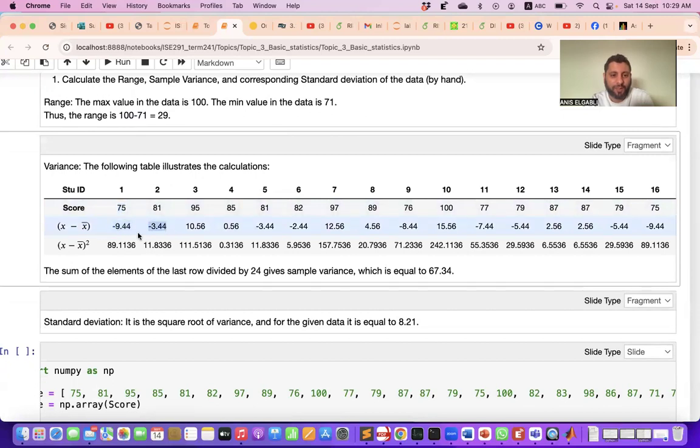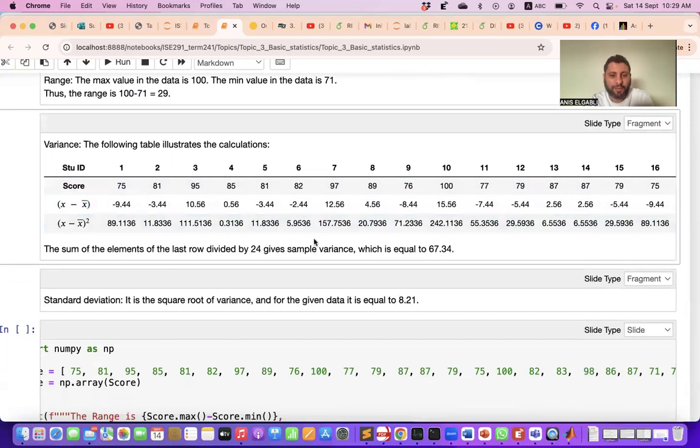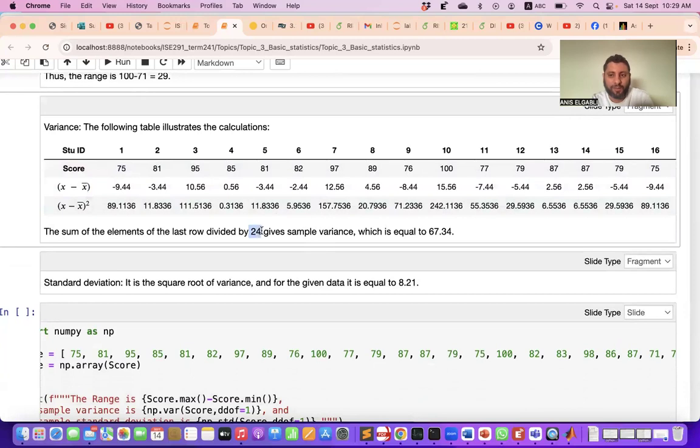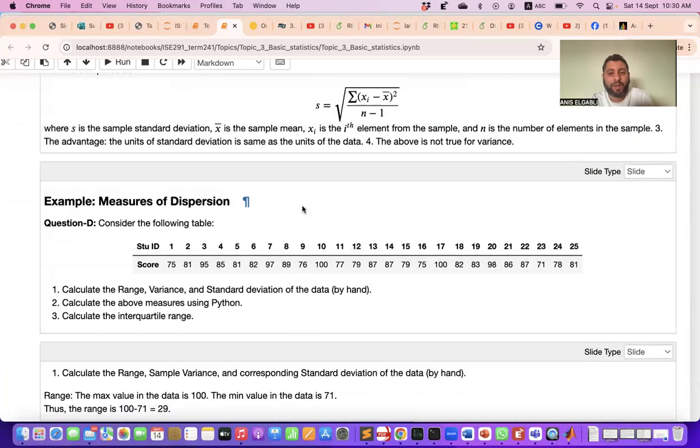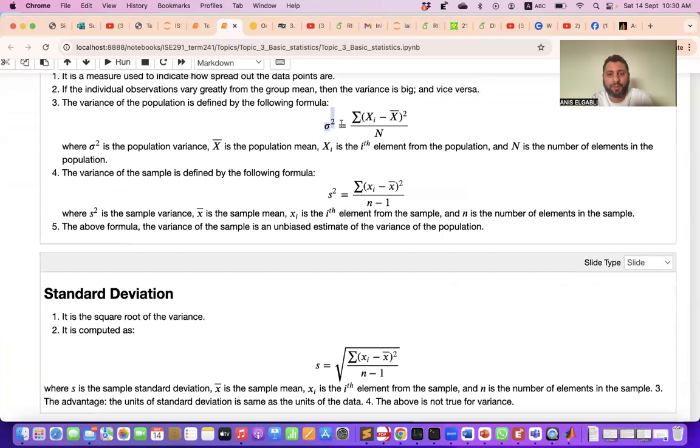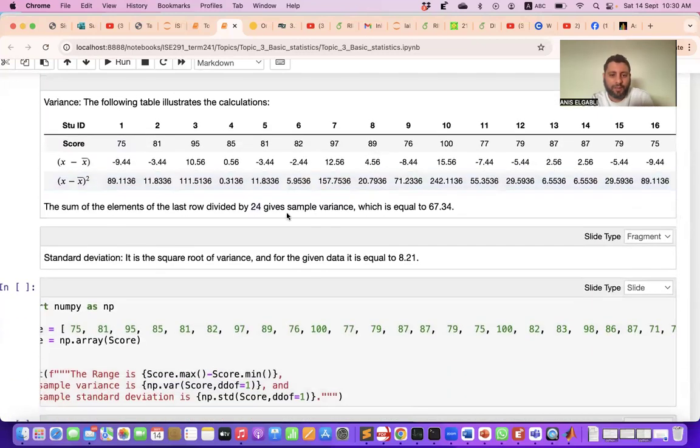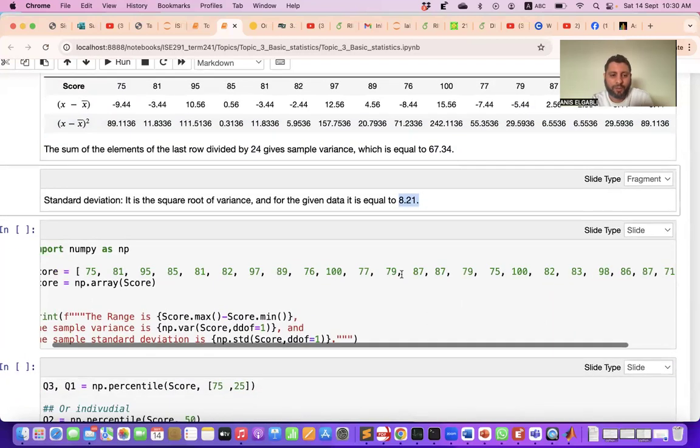Then we square those differences, here in the last row, and average them. We divide by n minus 1, which is equal to 24, because we are computing the sample variance, the unbiased estimate of the population variance. We get the variance, and the square root of that is the standard deviation, which is equal to 8.21.